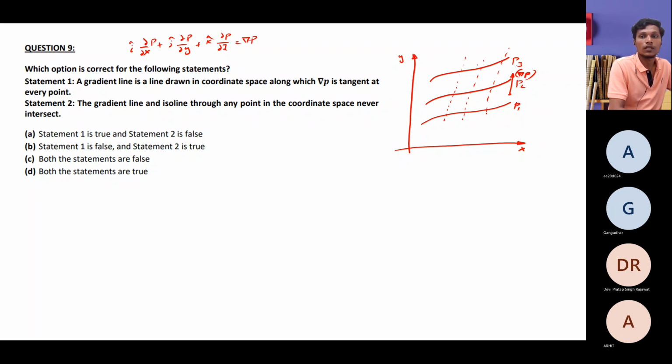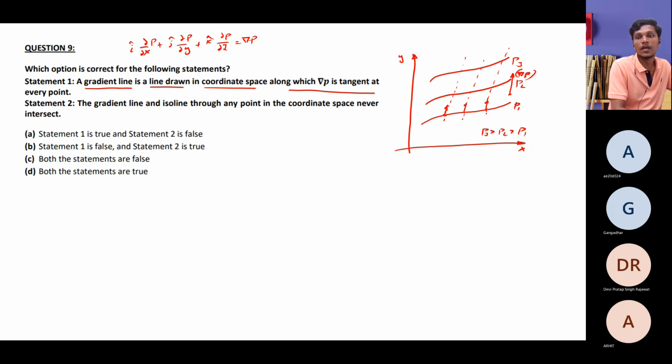So these dotted lines are all the gradient lines, and say P3 is greater than P2 is greater than P1. Now if you see, according to the statement they gave, a gradient line is a line drawn in the coordinate space. Yes, we drew a line in the xy coordinate space, along which del P is tangent at every point. Yes, by the definition itself, along these lines the pressure gradients are tangent.